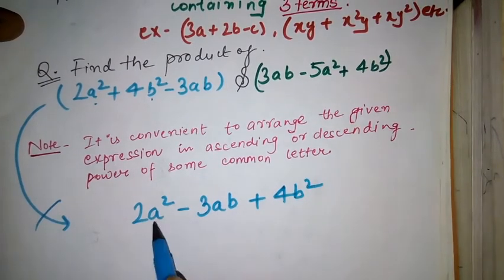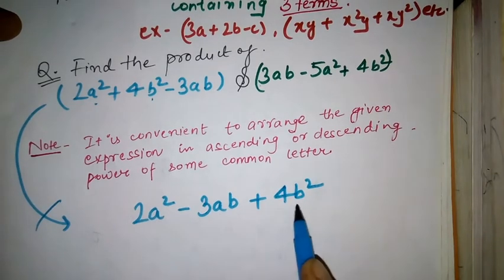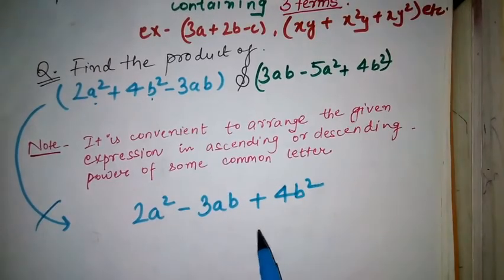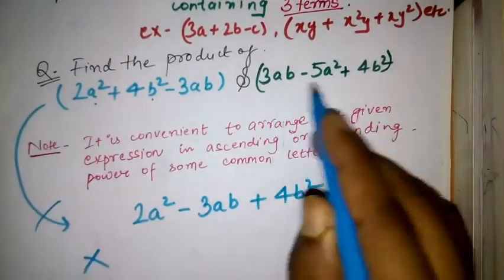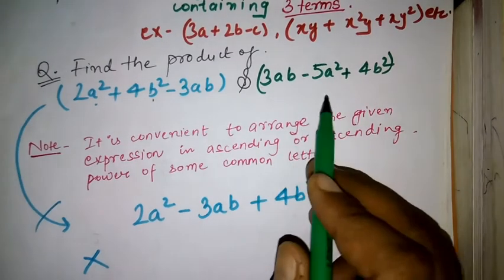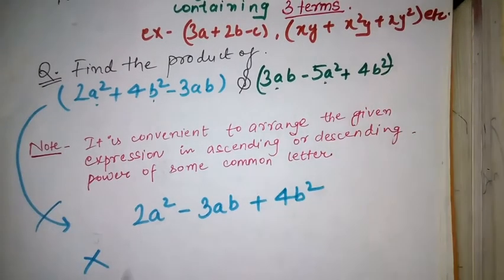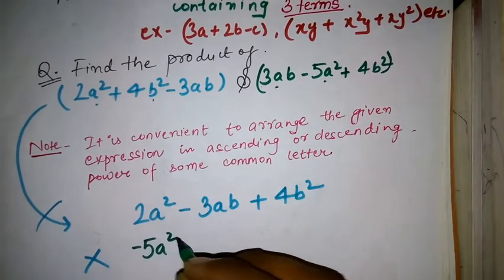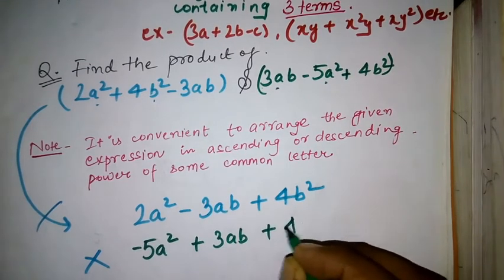Here the power of a is 2, here the power of a is 1, here the power of a is 0. So we have arranged this whole expression in the descending power of a. Now similarly we can arrange the other expression in the descending power of a. So it will be minus 5a square, then plus 3ab plus 4b square.